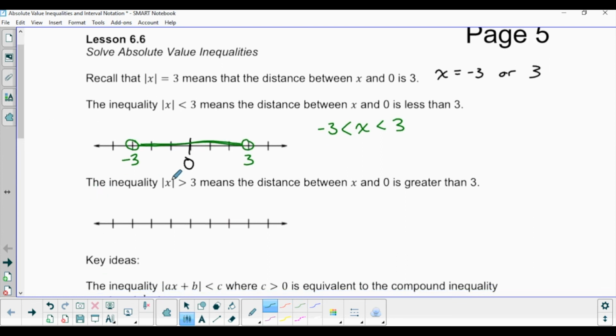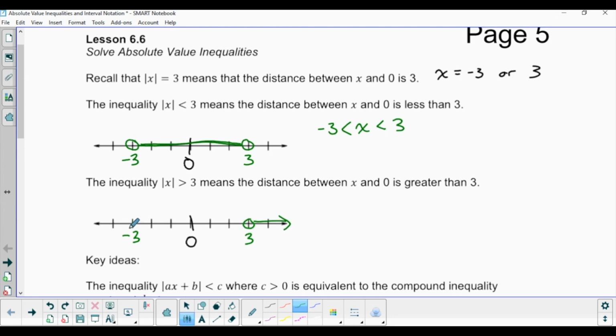The inequality of absolute value of x is greater than 3 means that the distance between x and 0 is greater than 3. So with 0 in the middle, and 3 here and negative 3 there, the distance between anything I'm going to plot and 0 has to be more than 3. So it can't be 3, but it has to be more than 3 away.